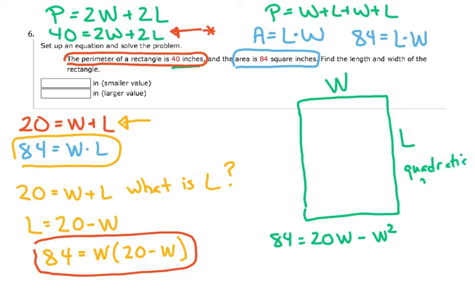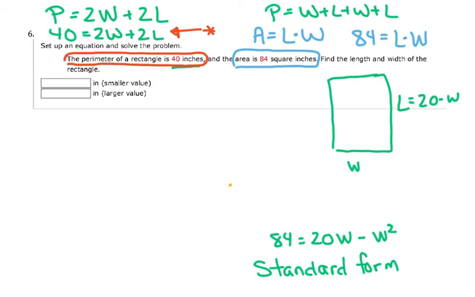I'm hoping that we'll be able to factor. That's going to be my first plan of attack. But first I need to get it set up in standard form. That means all the terms on the left-hand side and 0 on the right-hand side. Get some more room. So how do I get this into standard form?